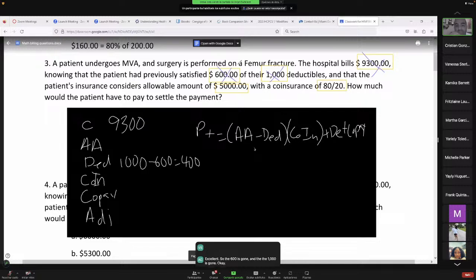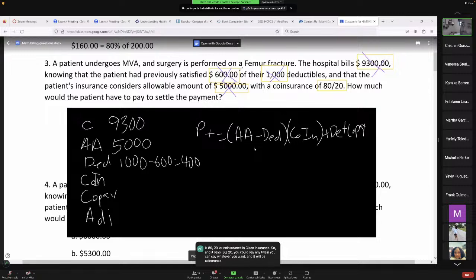Okay, so now we need a few other things. We have a $5,000 that it says allowable. So allowable amount, there's no mystery there: allowable amount, 5,000. Now we get rid of that. The other number that we have is an 80/20 co-insurance. You can say 80/20, you can say whatever you want, and it will be co-insurance.